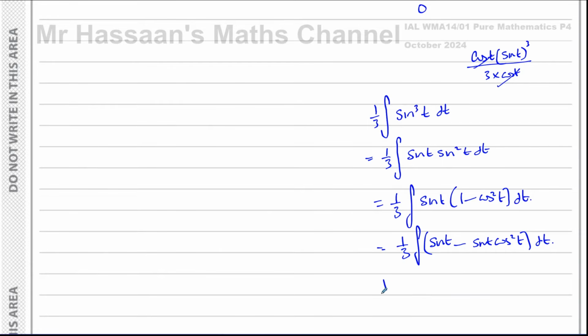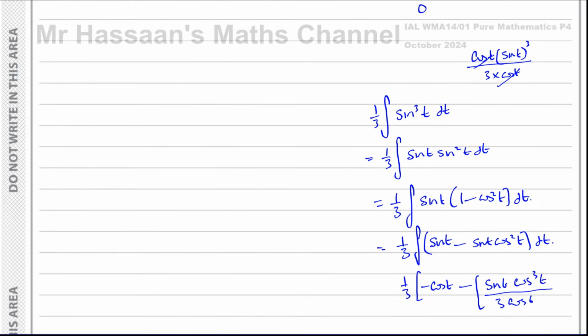So I have a third times, now I can integrate it: sine t integrates to negative cosine t. And when I integrate this, it's like cosine t all cubed, so I have minus, in a separate bracket for now, sine t times cosine cubed t divided by 3, the new power, and the differential of cosine t.